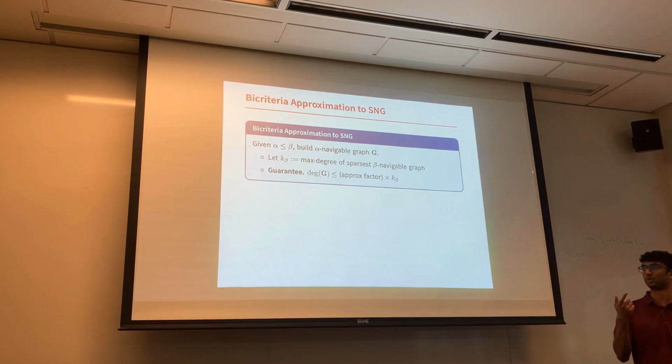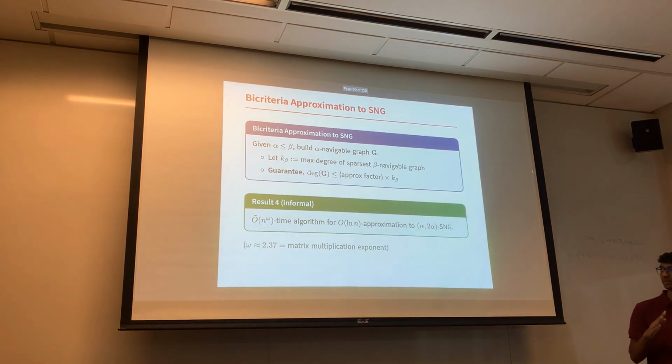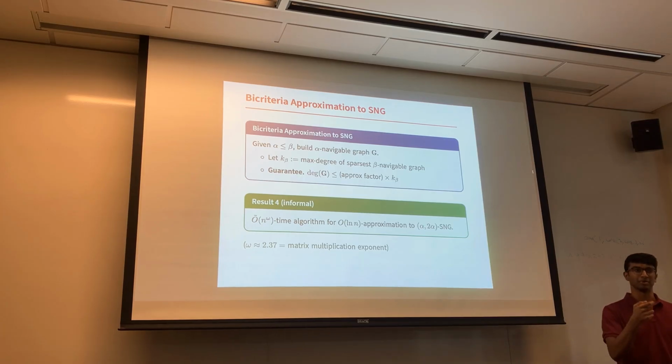So it's at most our approximation factor times k beta. Under this bi-criteria notion, we're able to do much better than n cubed. Here we get a matrix multiplication time algorithm for computing a log n approximation to the sparsest alpha navigable graph if you compare it to the sparsest 2 alpha navigable graph.